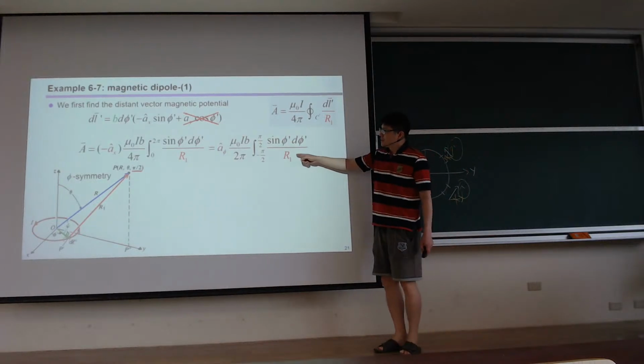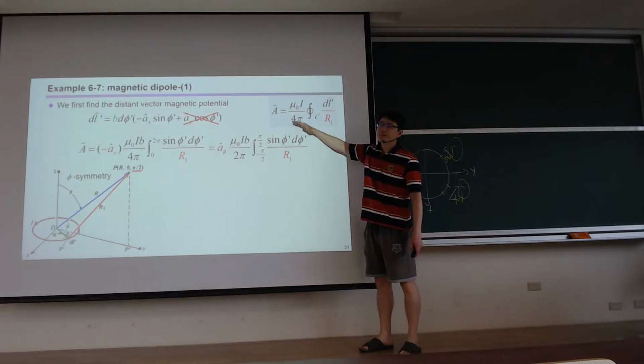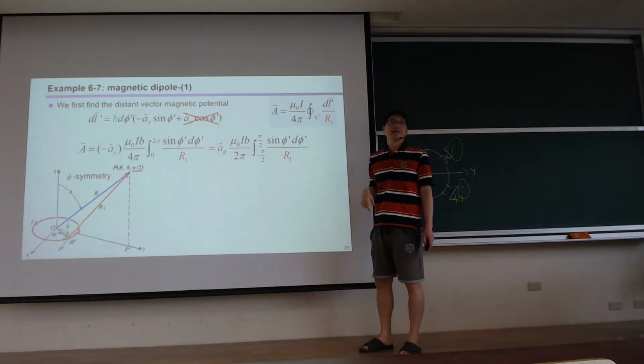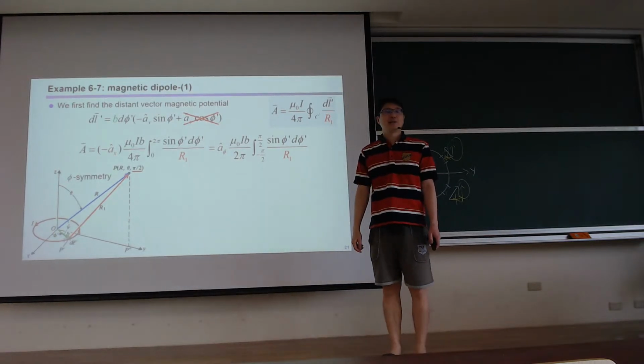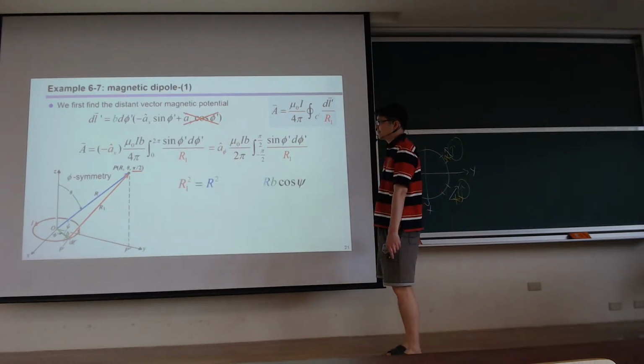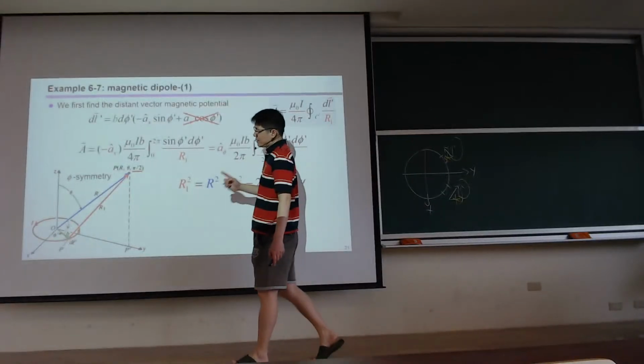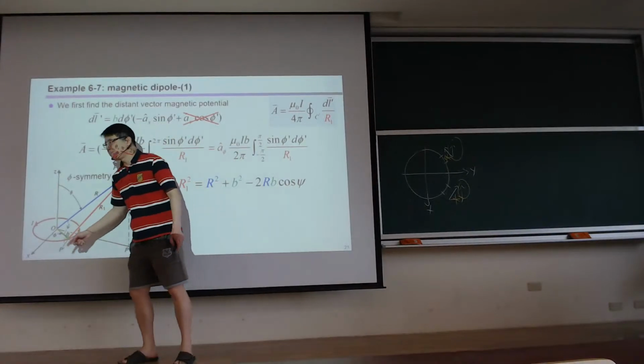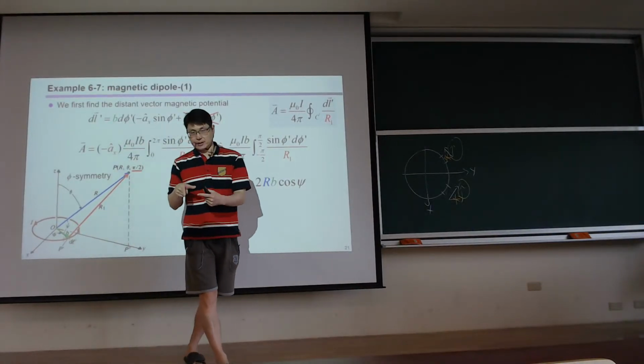So now, we took care of the numerator. What about the denominator? Well, R1 needs some work. As I said, R1, R, and B form a triangle.